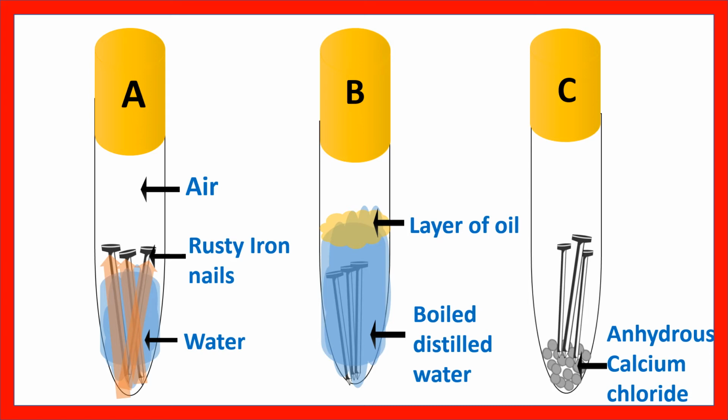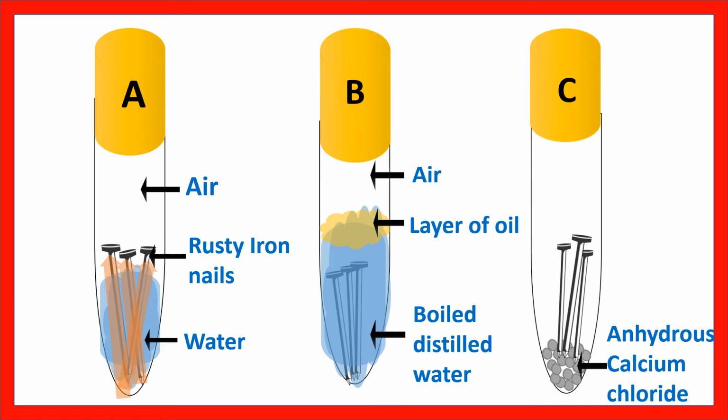What is the reason why these two test tubes are not rusted? We will discuss. In test tube B, the nails are exposed only to the water, because the oil layer prevents the air from entering into the water.